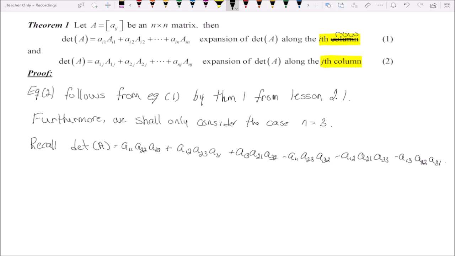Now what we're going to do is algebraically manipulate this. So take a look at A11. Factor out A11 from its terms. We get A22 times A33 minus A23 times A32.